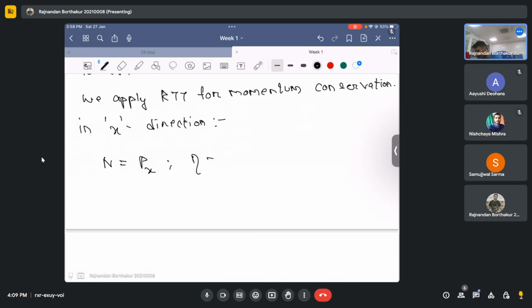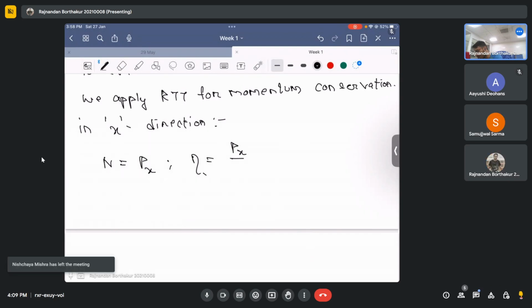Eta is the property per unit mass, and since the property is momentum px, eta x is px divided by mass. This equals the velocity vx, since px is vx times the mass, and the mass gets cancelled.